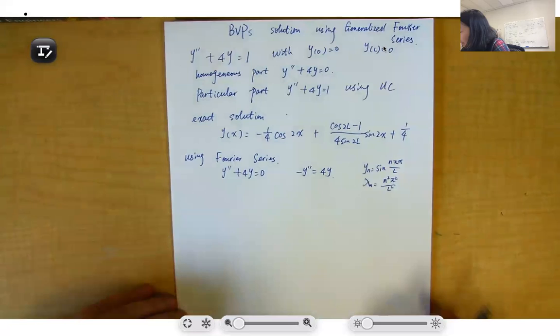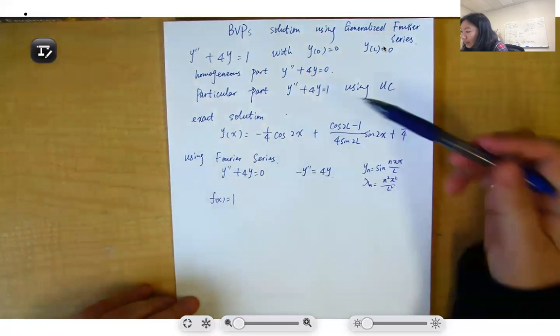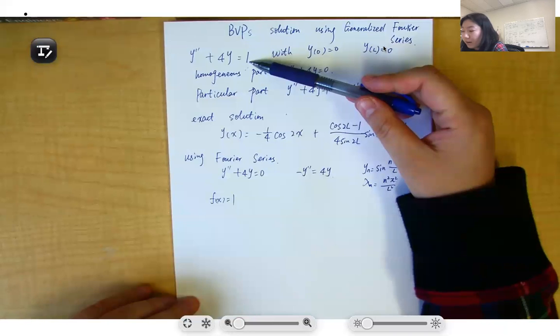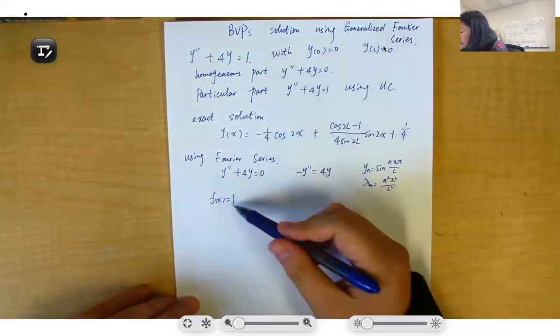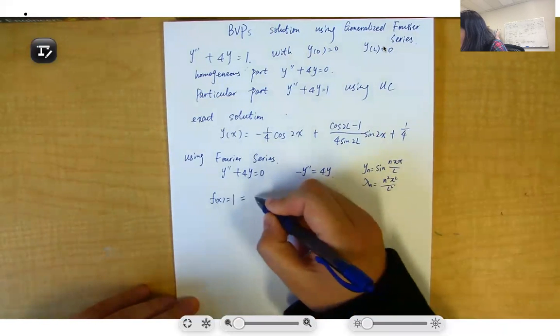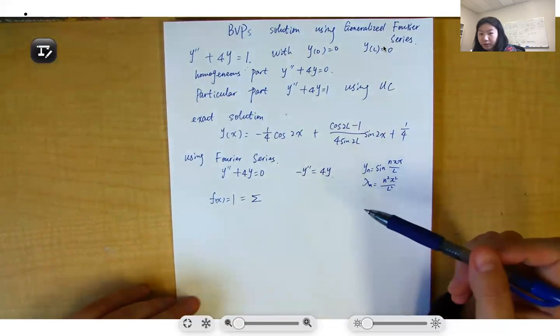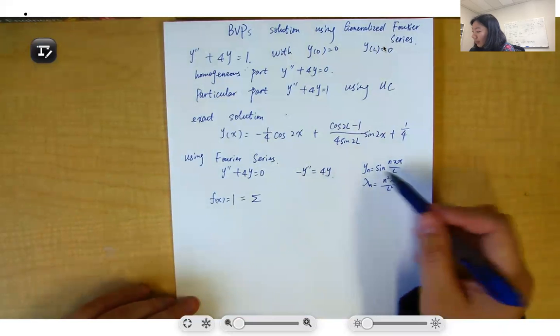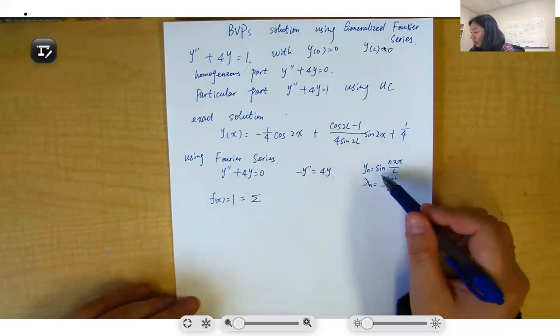We also know that f(x) equals 1, which is the right side of the BVP's ODE, can be represented by the generalized Fourier series, a linear combination of all the orthogonal basis functions, which are the sine functions here.